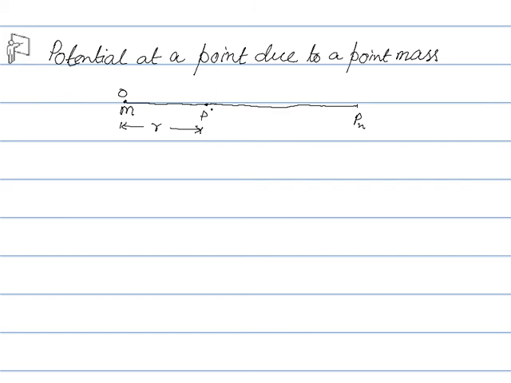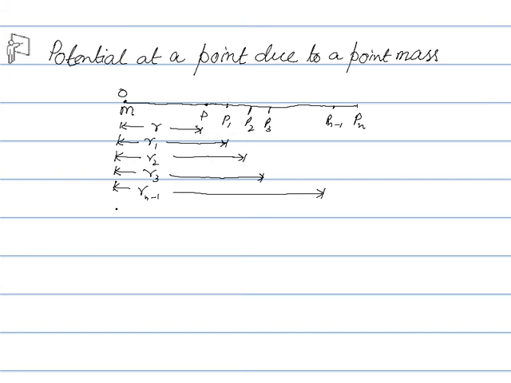Now divide this line PPn by P1, P2, P3, ..., Pn minus 1, so that P1 is at a distance r1 from O, P2 is at a distance r2 from O, P3 is at a distance r3 from O, Pn minus 1 is at a distance Rn minus 1, and Pn is at a distance Rn from O.